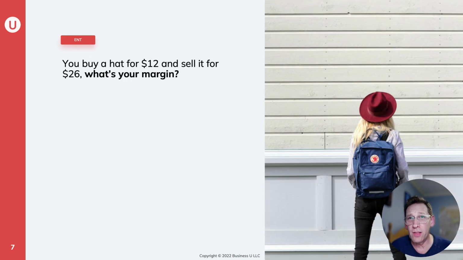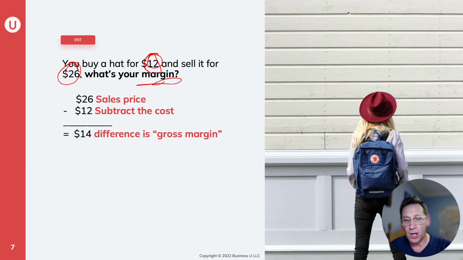Okay, let's look at another example. Say your business is selling hats. From your vendor, you buy a hat for $12 and you sell it for $26. Well, what's your margin? Again, what is our formula? It is our sales price minus our cost of goods sold, COGS, remember that. So the difference of 26 minus 12 is 14.